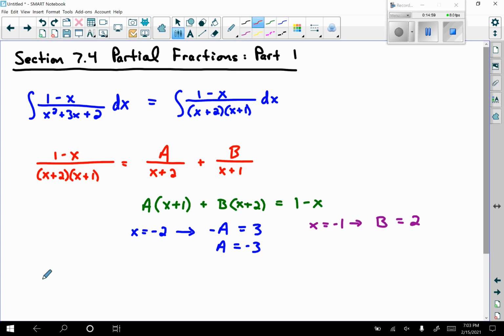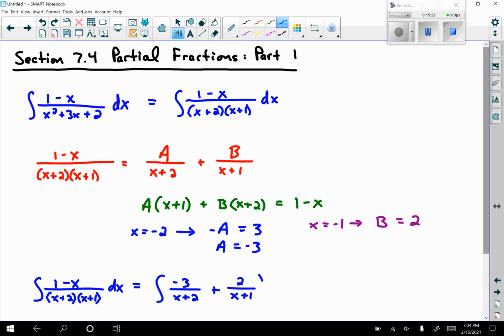So now we would say that the integral of 1 minus x over this denominator can now be separated into a over x plus 2, so negative 3 over x plus 2, plus b over x plus 1, so 2 over x plus 1 dx.